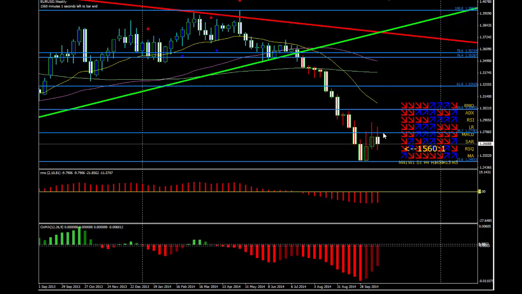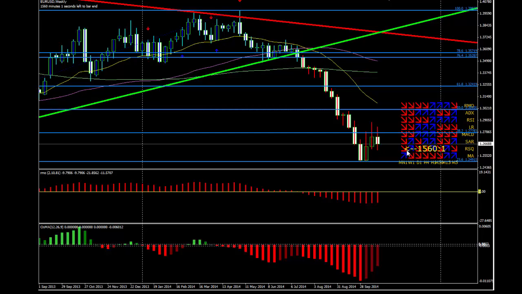So above us, the 38.2 level is currently a major resistance level at 1277.83, and if that remains the focus, then we're likely to see price recontinuing its negative trend that we've seen over the last 5 months or so, and we could see price retesting the support level bounce we saw in late September, around here at 1249.15.